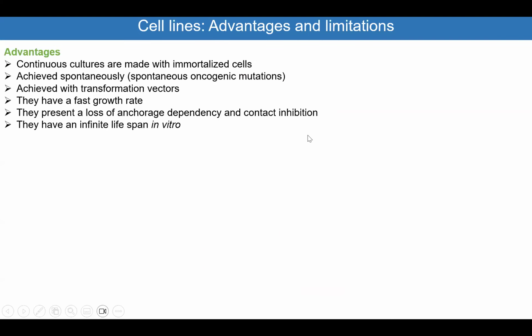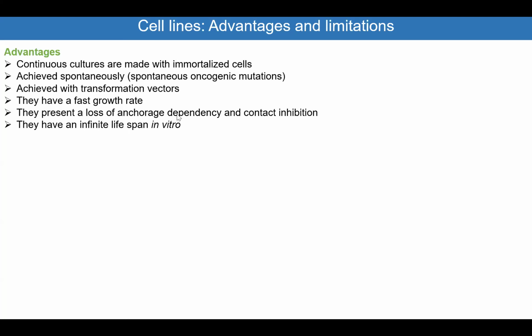So what are the advantages and what are the disadvantages of cell culture? The advantages are, this is a continuous thing that you can have, and especially when you have immortalized cells, you can grow them in culture indefinitely.